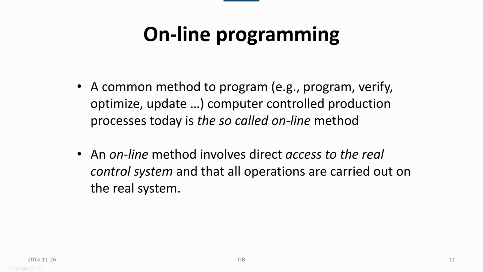So online programming is a common method to program computer controlled production processes today, and that is the online method, so to say. An online method involves direct access to the real control system, and that all operations are carried out on the real system.